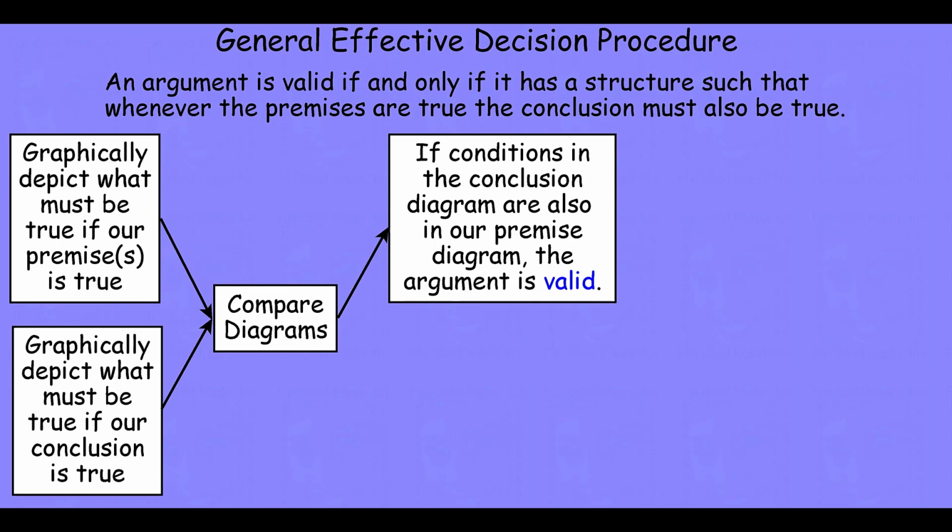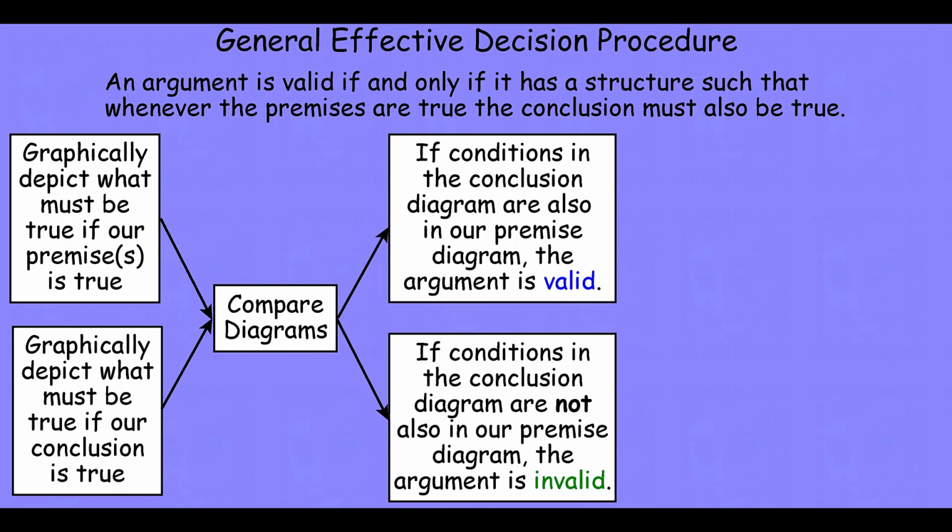If the conditions in the conclusion diagram are also in our premise diagram, then it's impossible to make the premises true without also making the conclusion true. The argument satisfies the definition and is valid in Boolean logic. If the conditions in the conclusion diagram are not also in our premise diagram, the argument is invalid in Boolean logic as it violates our definition of validity.